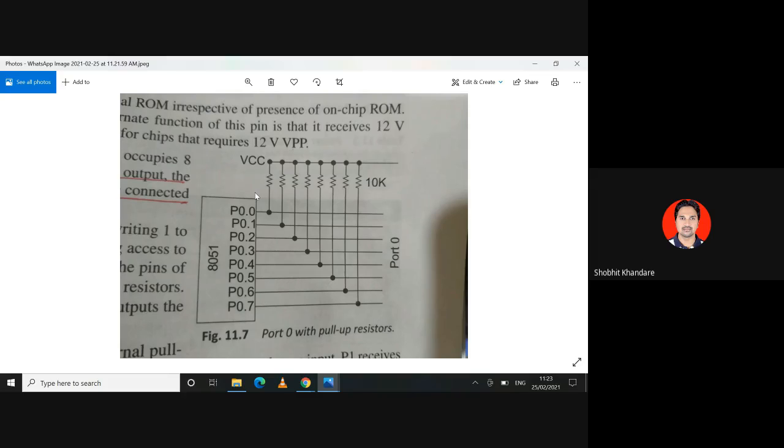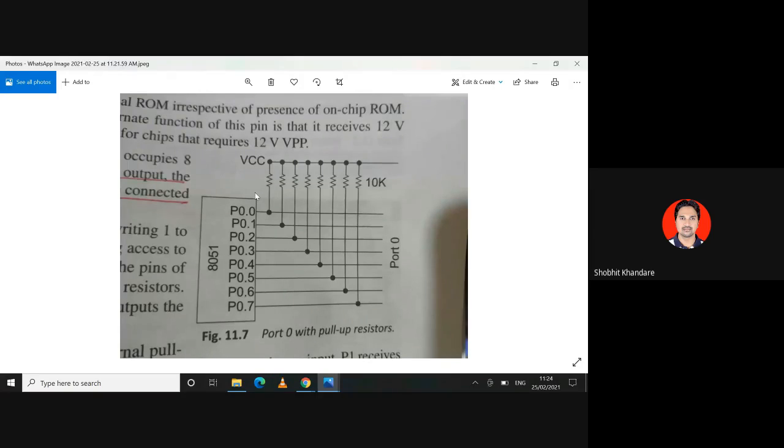Port 0 also has an alternate function, that is AD0 to AD7. Then port number 3 is also 8-bit bidirectional, along with some additional alternate functions, which I have also explained. Similarly, port 2 is also 8-bit bidirectional, but it also has an important alternate function, that is higher order address lines, A8 to A15.